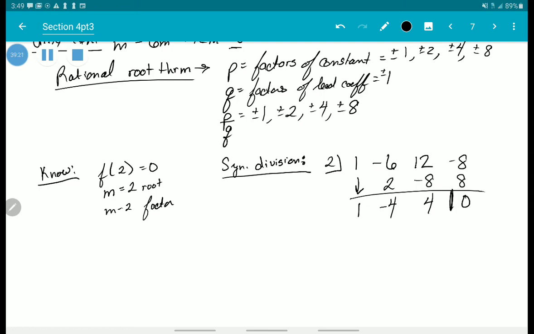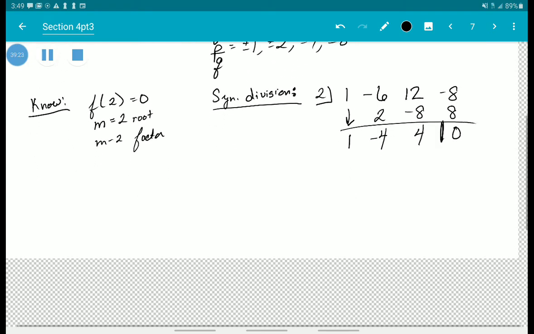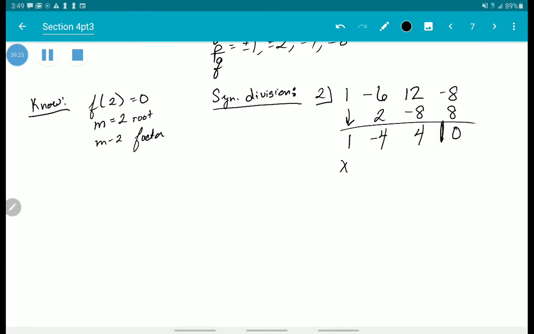We're going to get 0 for the remainder. So this is m squared minus 4m plus 4. And we know this guy factors. That factors into m minus 2 times m minus 2.